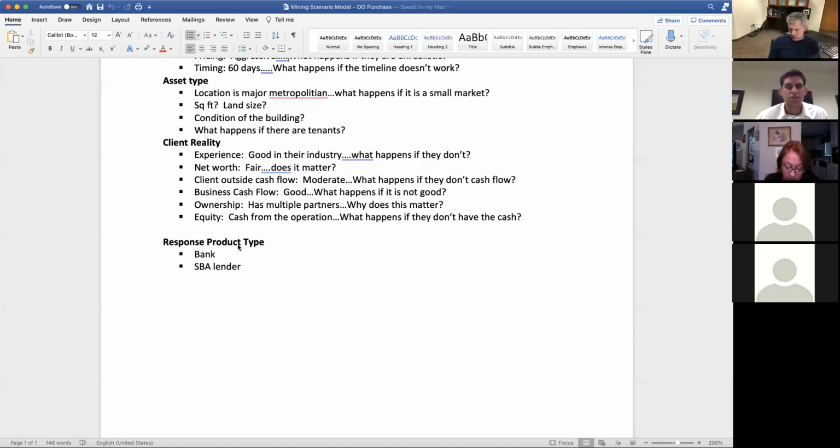The other thing to just notate on the asset type is, what happens if there's tenants in there? Borrower might be buying something and they occupy a certain percentage. Well, for owner occupied, if you're going to do SBA, they have to take 51% of the space.